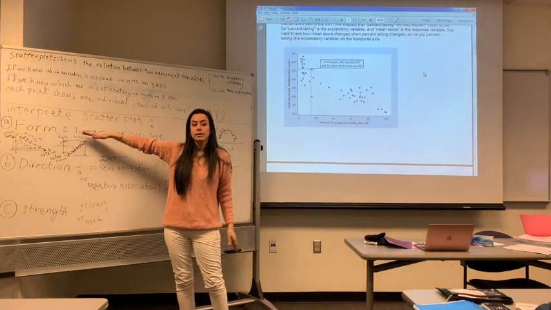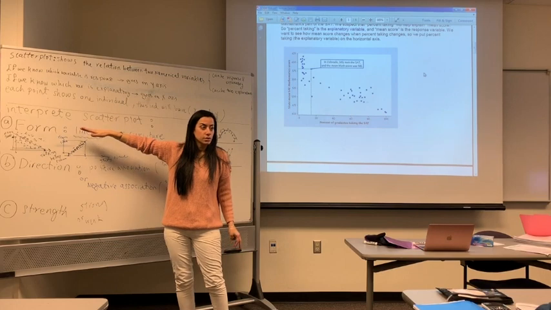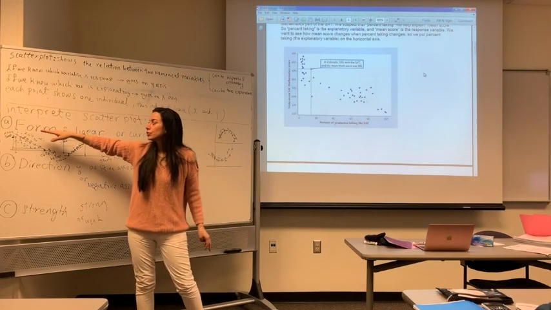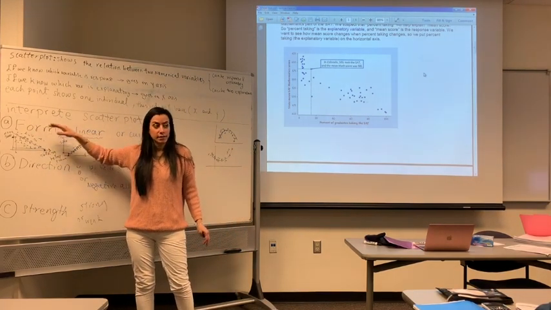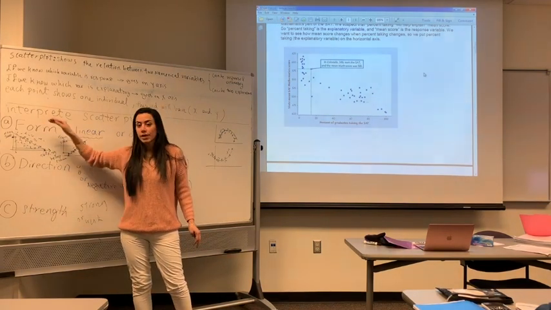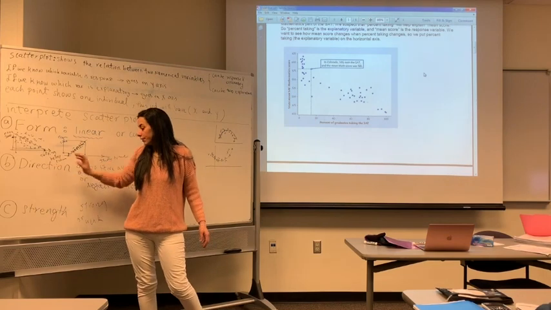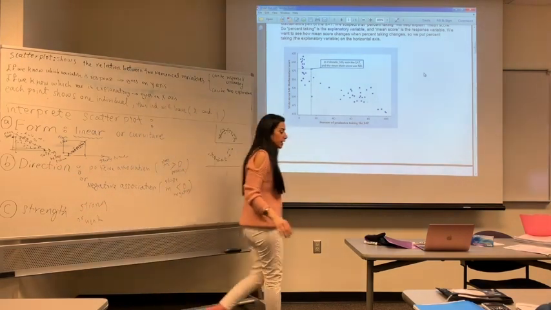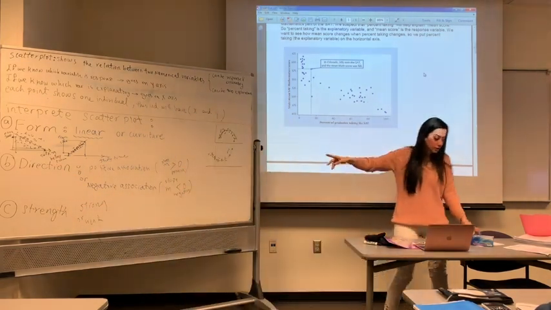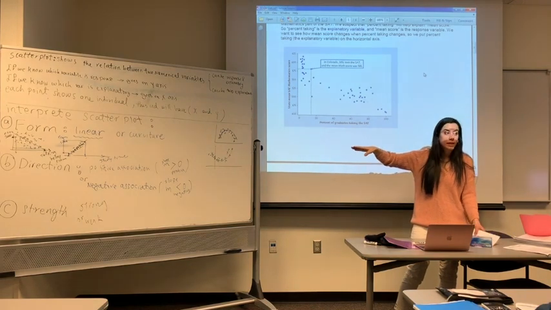Mostly we are going to talk about linear relations in this class. So you should know how to interpret a scatter plot using these three: form, direction, and strength. Next time, I will go back to the direction.